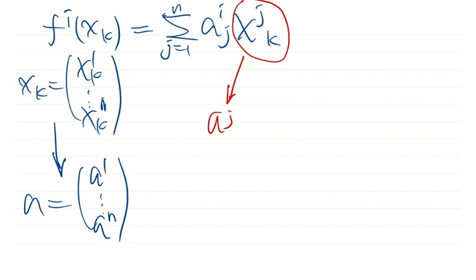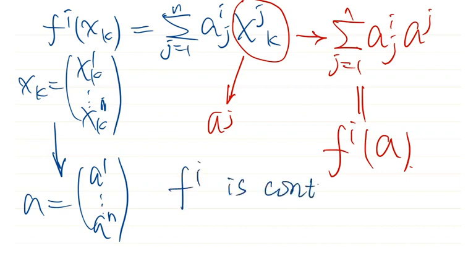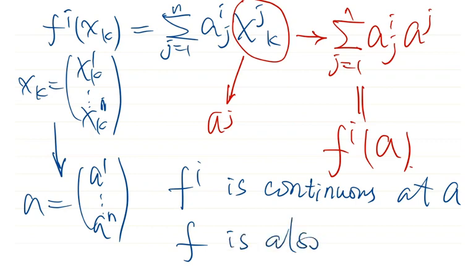So this sum will converge to the sum of a_ij aj, which is exactly fi(A). So fi is continuous. Therefore, f is also continuous at this point A. And A is an arbitrary point in Rn, so f is a continuous function from Rn to Rm.